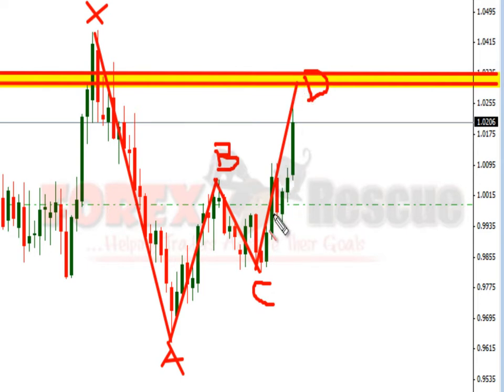As you can see, price is responding nicely to this CD leg completion. This week I'll be looking out for any reversal signal and hope to join the party with the bears, especially if I also spot any sign of dying momentum around this potential reversal zone or close to our potential reversal zone.